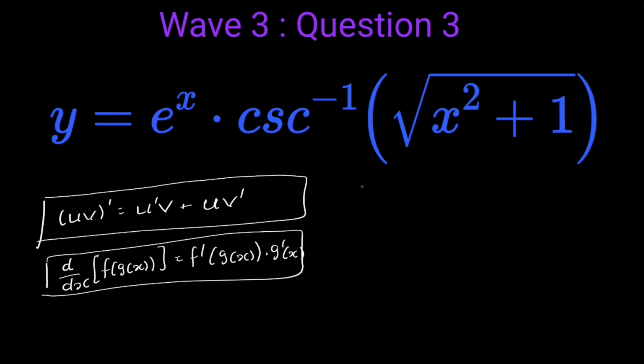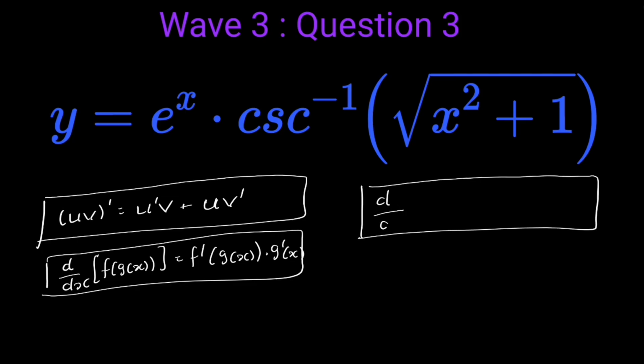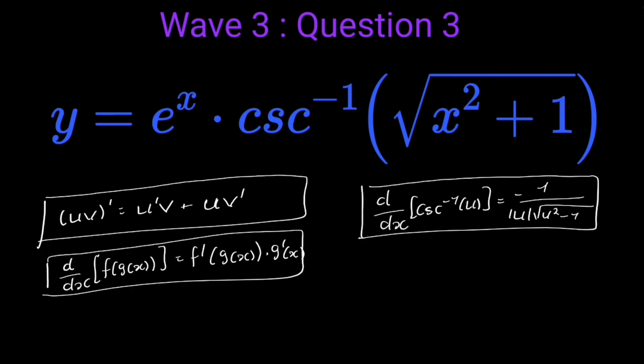Now let's move on to the derivative of our inverse trig function, which is given by the derivative with respect to x of cosec inverse of u. That's the general expression, and it is equal to negative 1 over absolute value of u times square root of u squared minus 1, times u prime.